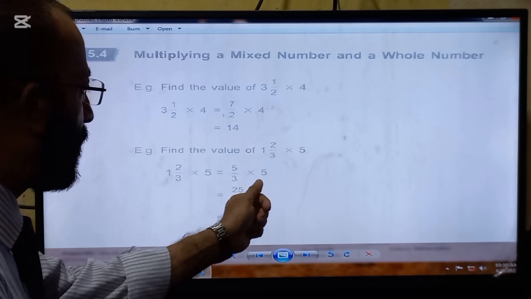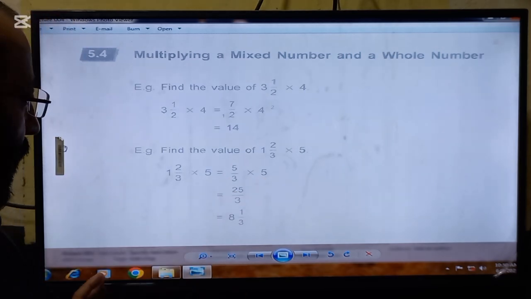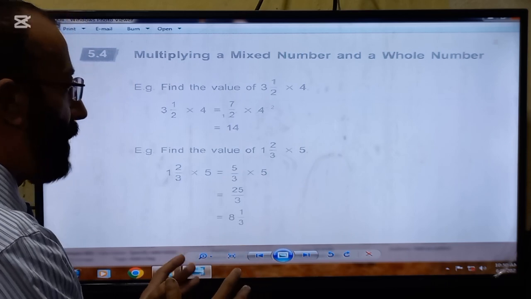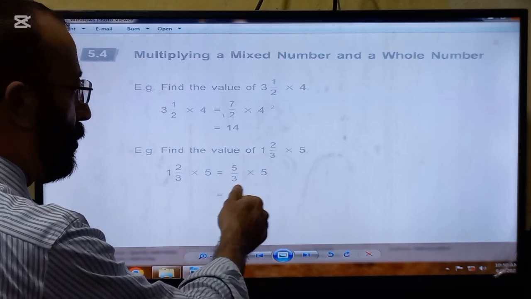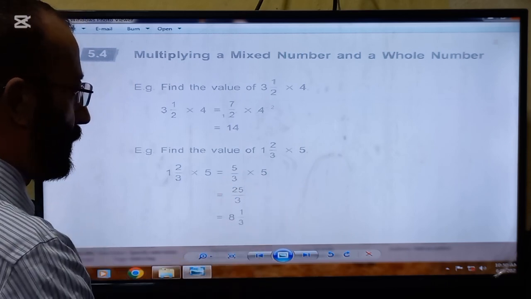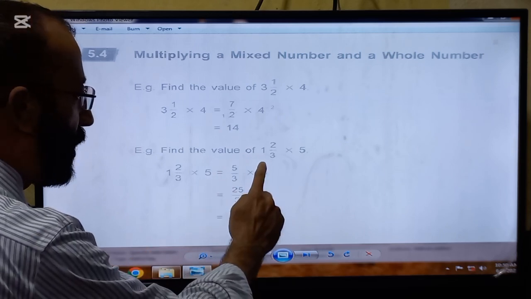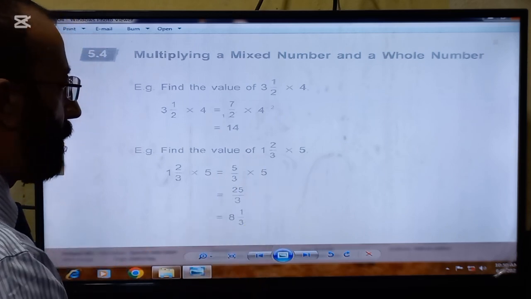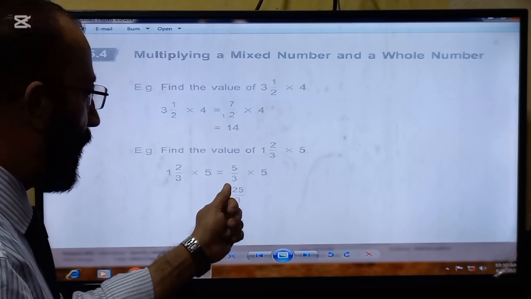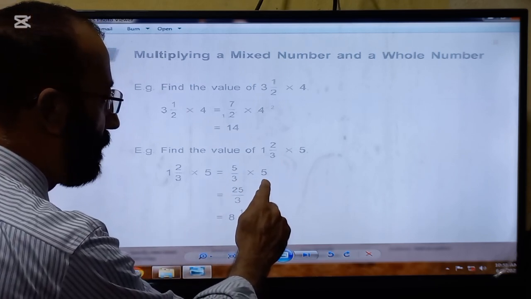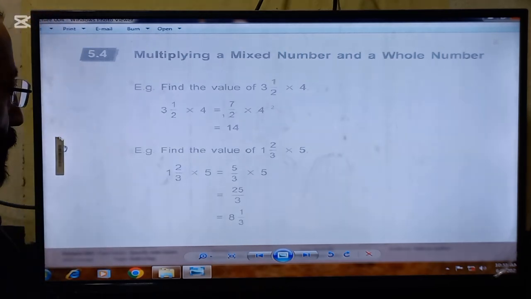The multiplication by 5 will remain as it is. At this stage we will try to cancel the values as much as possible, but look, no values are going to be cancelled. So the next step is to multiply the numerator with the numerator and the denominator with the denominator. So 5 5s are 25 and 3 1s are 3, because 1 is the denominator of the number 5.